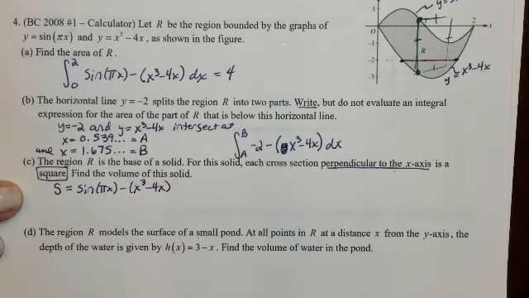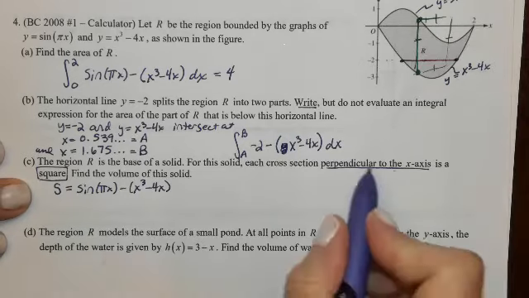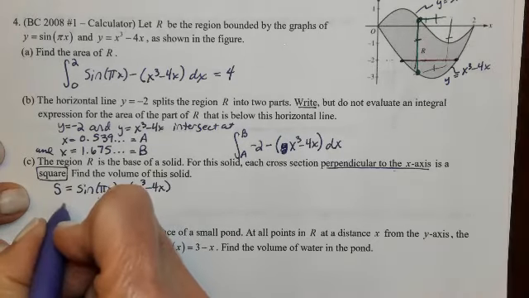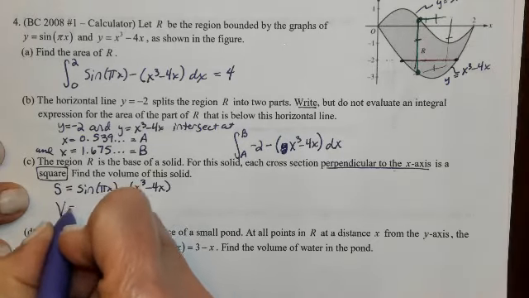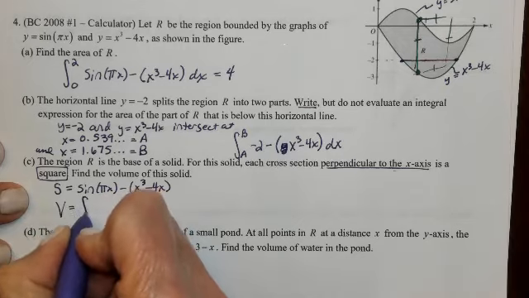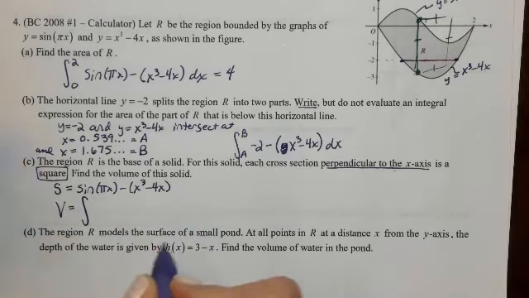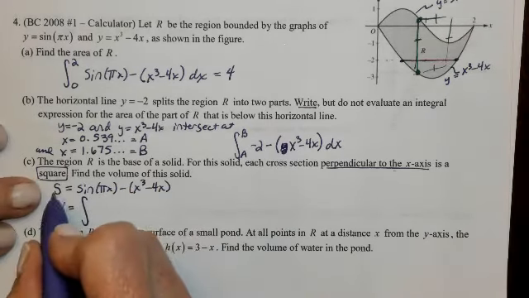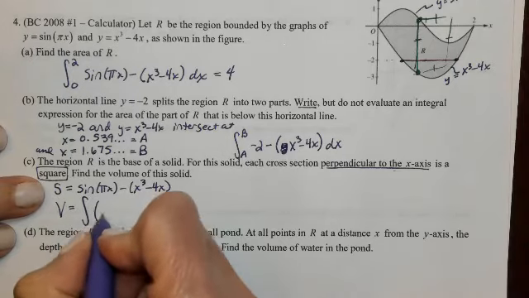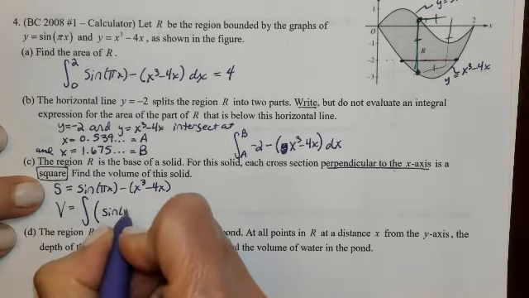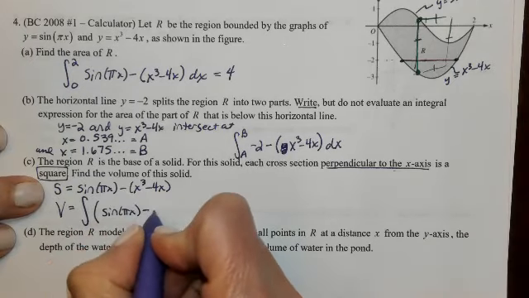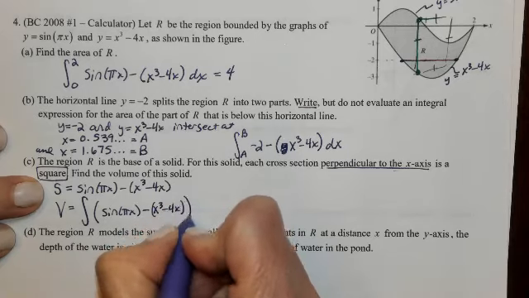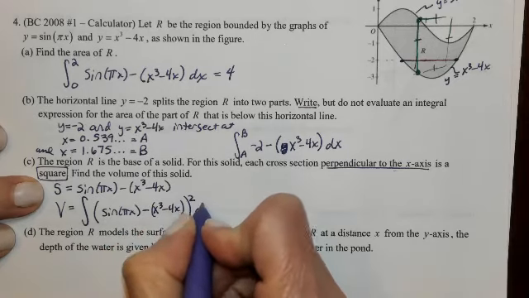Yeah? And we need to find the volume. So let's see. The volume will be the integral of each area, right? Remember, the area is just side squared, so sine of pi x minus (x cubed minus 4x), squared, dx.